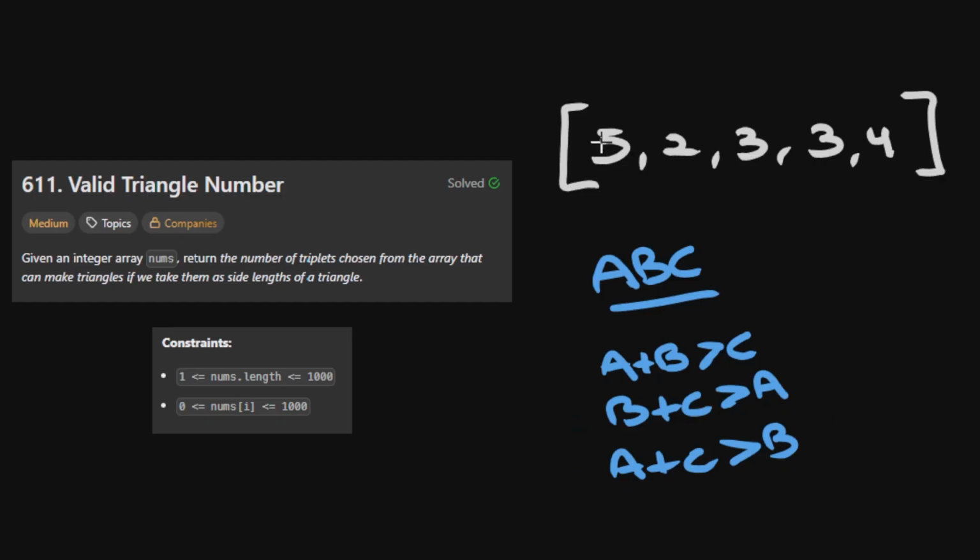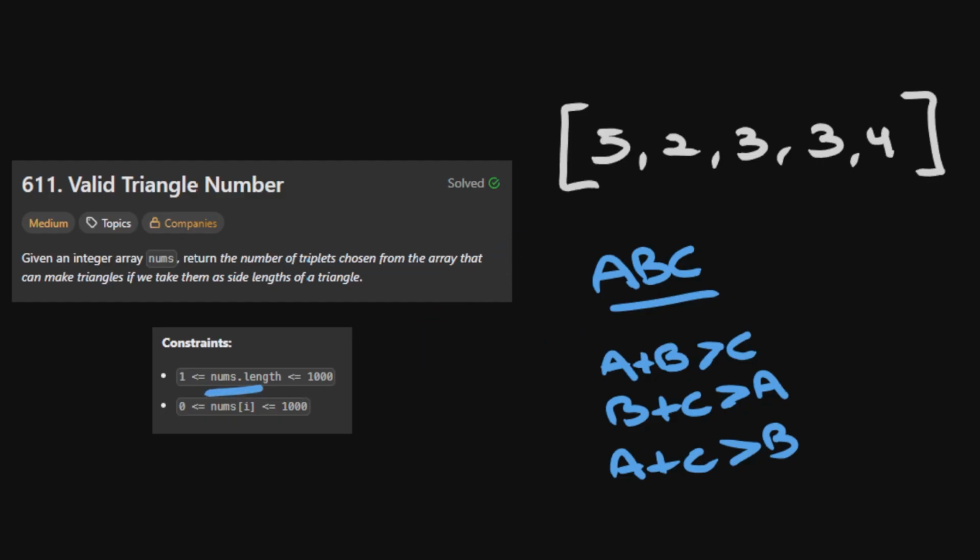And my first intuition here was to use 3 pointers, i, j, and k, to try every possible triplet, meaning every triangle. And whenever I find a valid triangle, I can add 1 to the result and that's it. The problem is down here in the constraints.